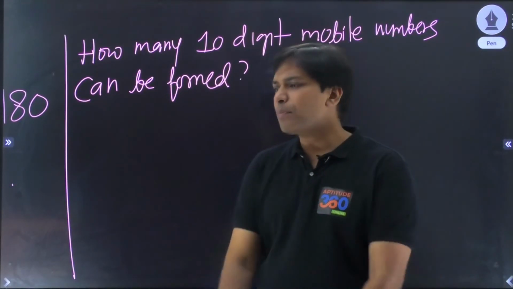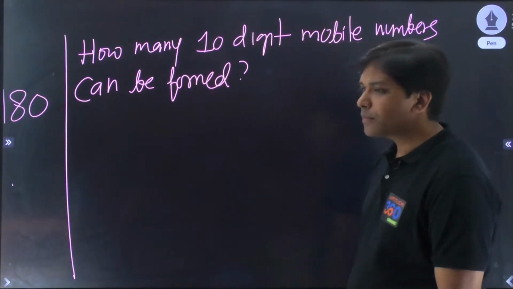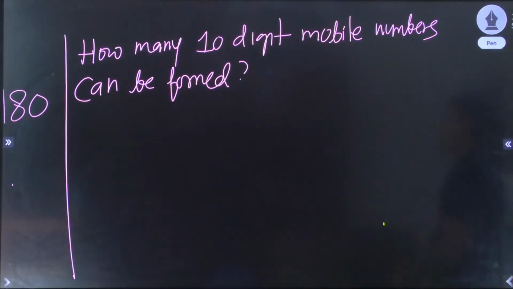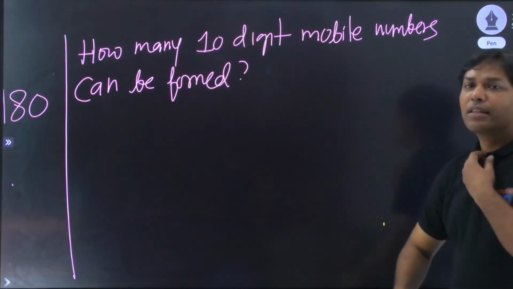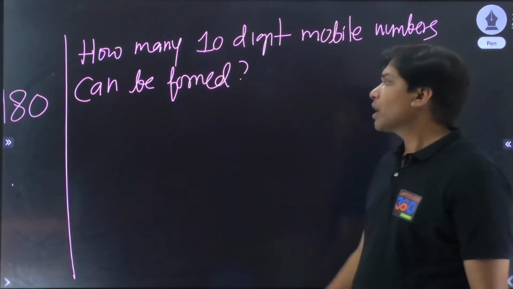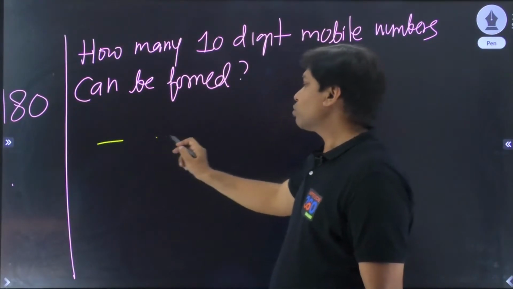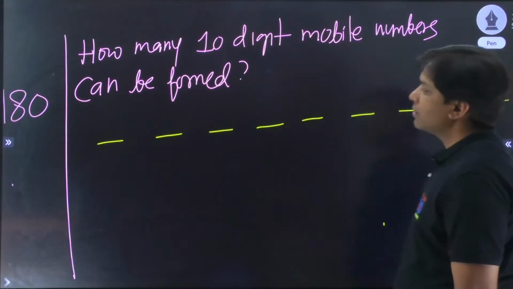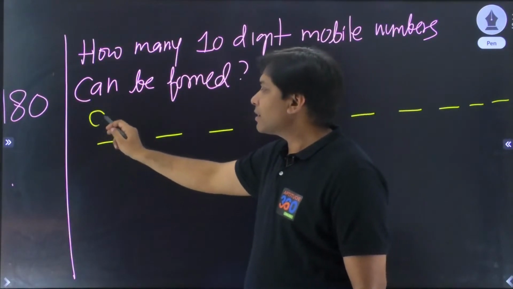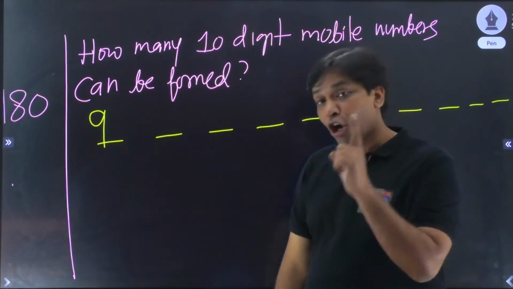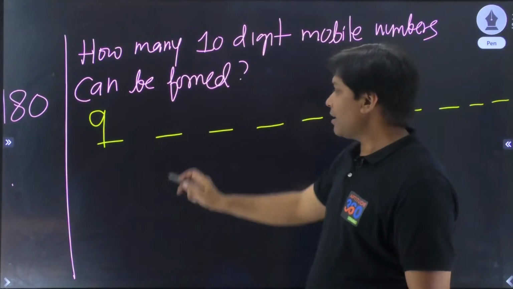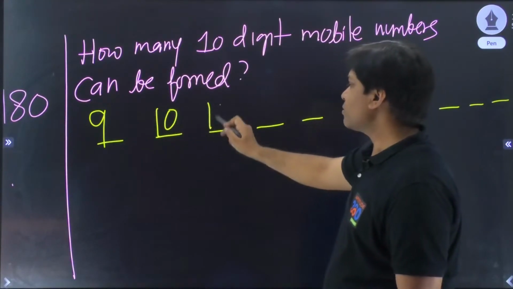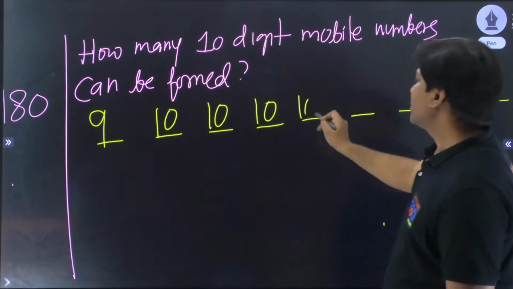What do you think is the answer, people? It's a simple problem. They should be mobile numbers, and mobile numbers are how many digits? They're all 10-digit numbers. So 1, 2, 3, 4, 5, 6, 7, 8, 9, 10. This place cannot have 0, isn't it? And the rest of them can have anything from 0 to 9. So what do you think is the answer?